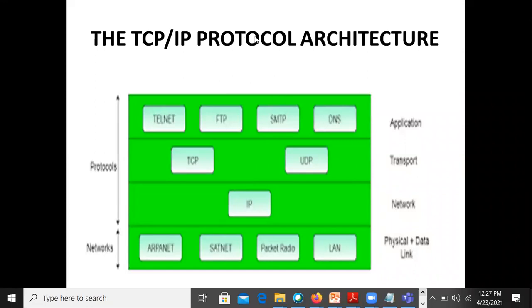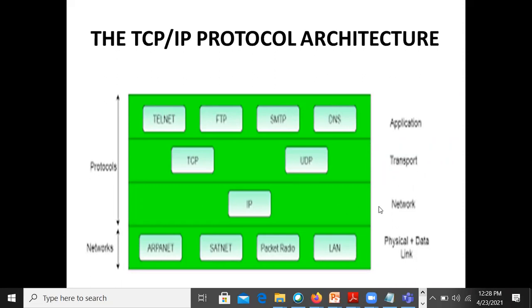Coming to the TCP/IP protocol architecture, please see carefully. There are 4 layers. That means whatever software you design for network communication will have 4 modules. This is the top layer, which we call the application layer. The second layer is the transport layer.